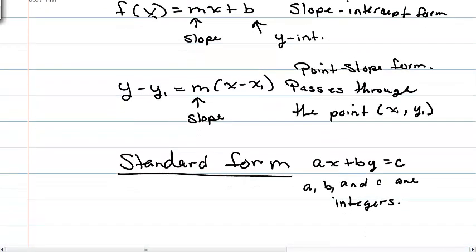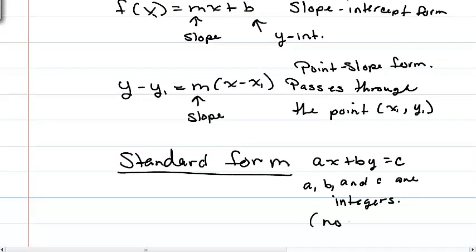So basically, there's no fractions in standard form. I always like to have my x term be positive as well in standard form. It's not really necessary, but I usually try to make the x term positive.